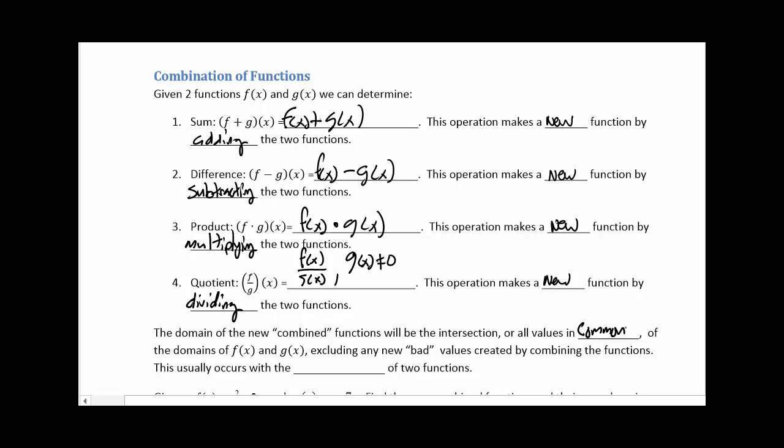That idea of when we combine them, we now have a new restriction that we didn't plan on having, actually happens when we're dealing with the quotient of two functions. And if you think about it, that makes sense, because if we weren't dividing already, now when we did the quotient piece, we're actually dividing the two functions out.